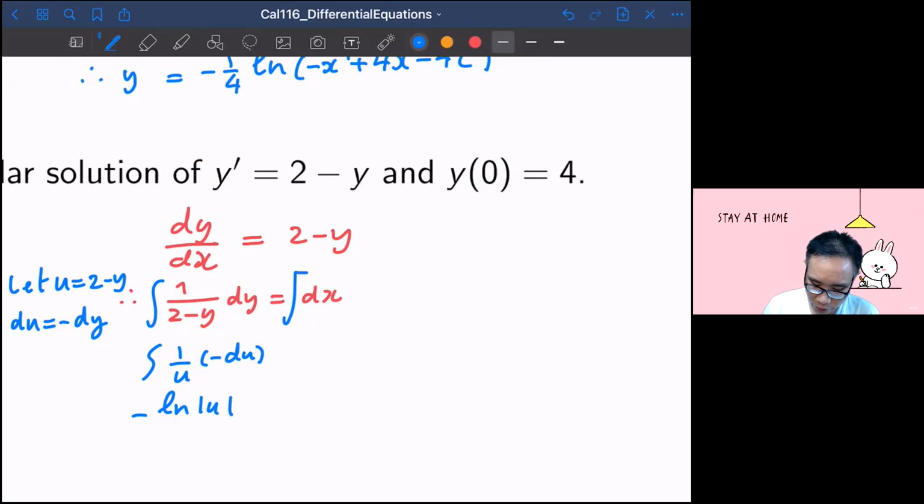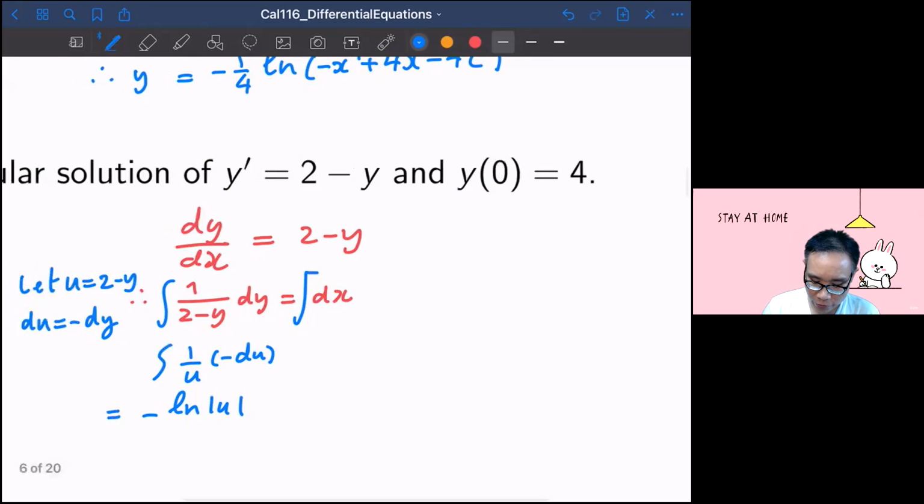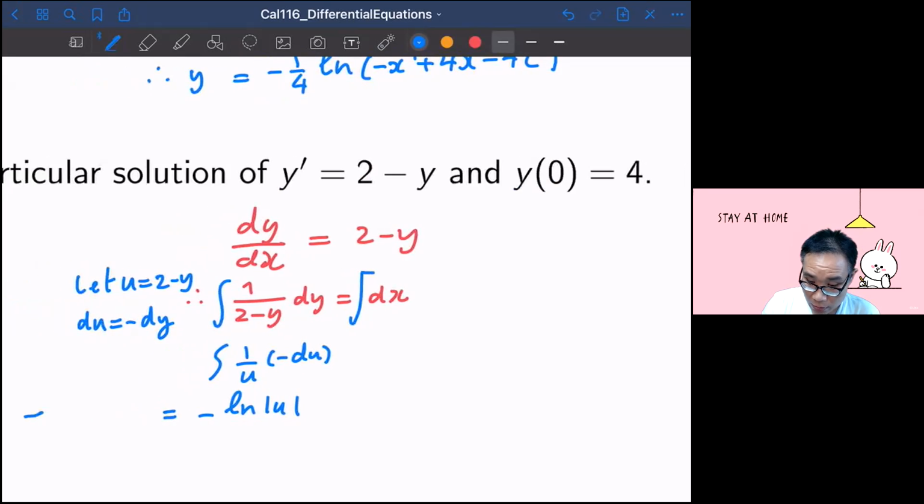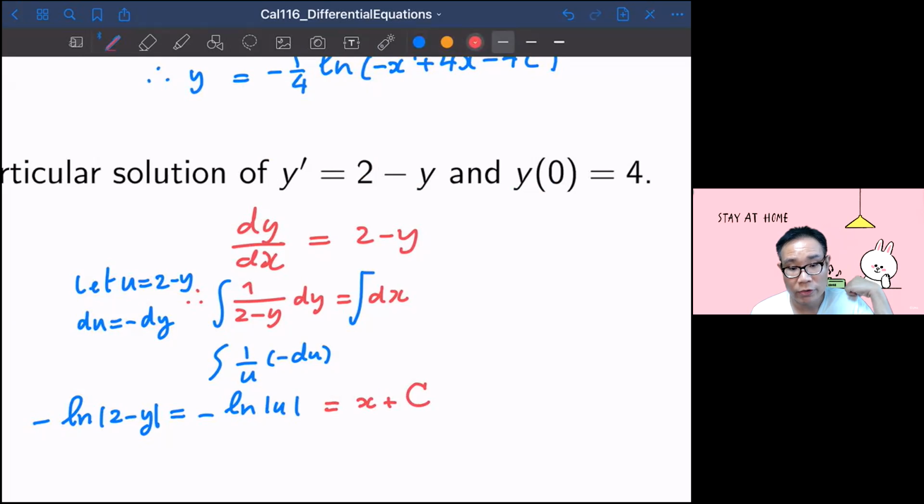And so this guy will be negative log of 2 minus y. And this guy, you integrate dx, so it's going to be x plus c. And so you get this differential equation.